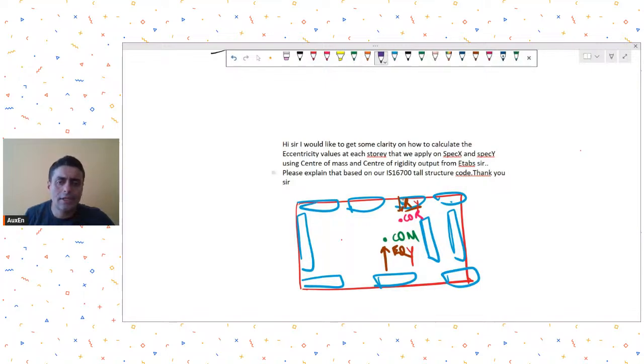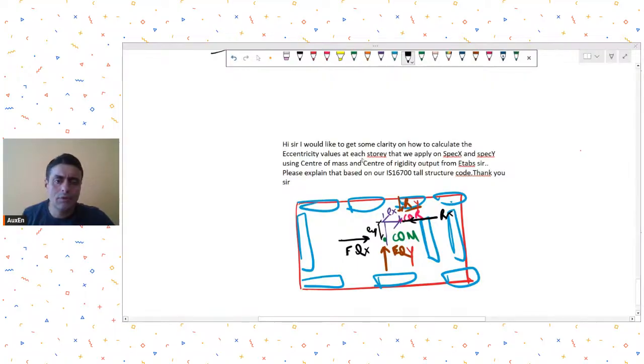The eccentricity that you get is this, okay, EX. And similarly for X direction earthquake, earthquake will act over here. Response to this earthquake, you get it from here. So the eccentricity is this. Okay.